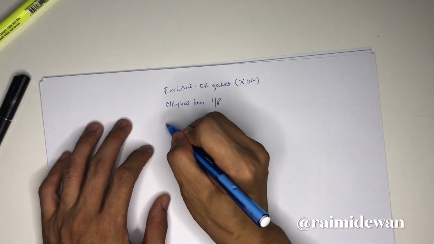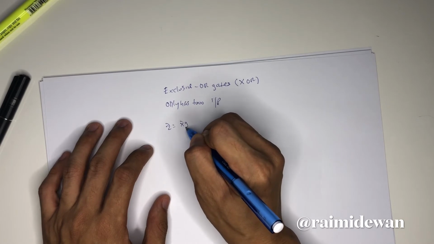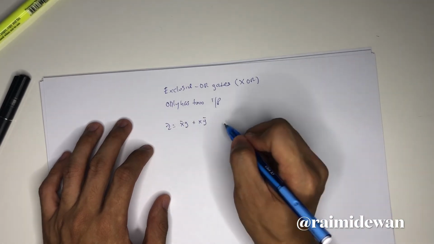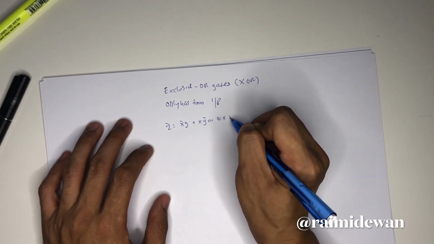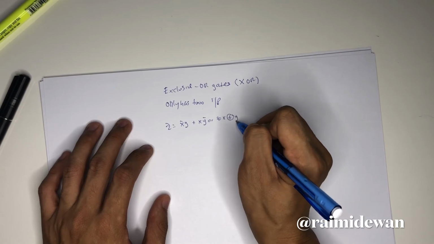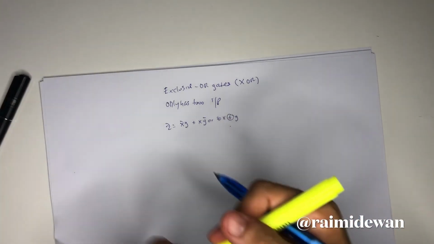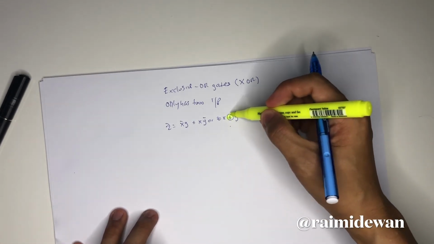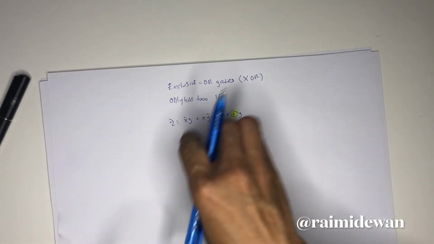The logic expression is Z equals X bar Y plus X Y bar, or Z equals X exclusive OR Y. This is the symbol to denote XOR. You can use either this one or this one.